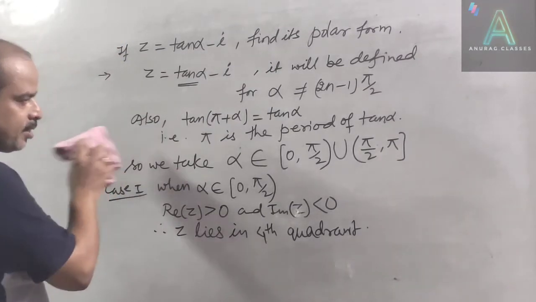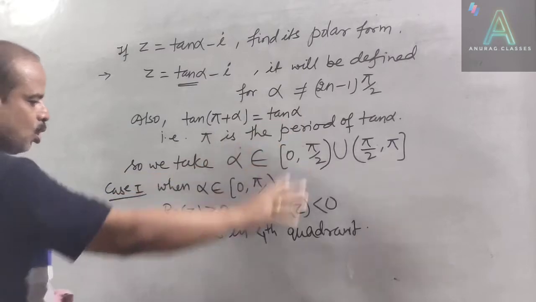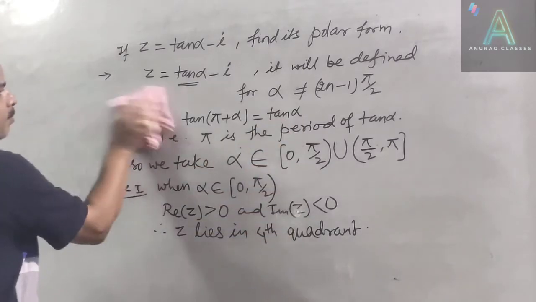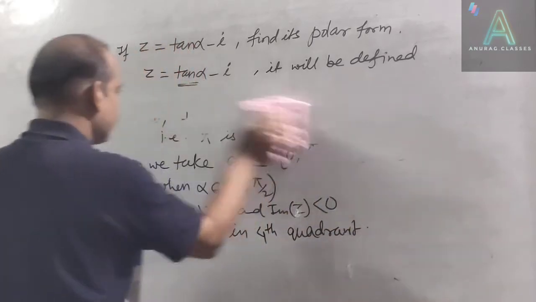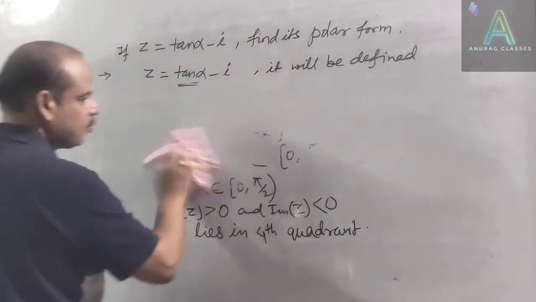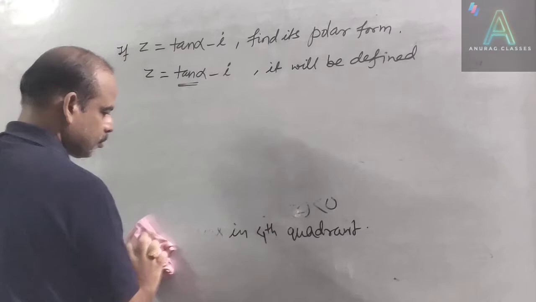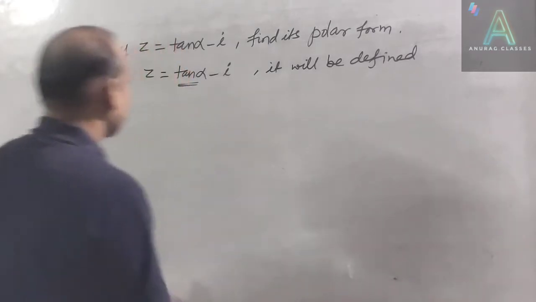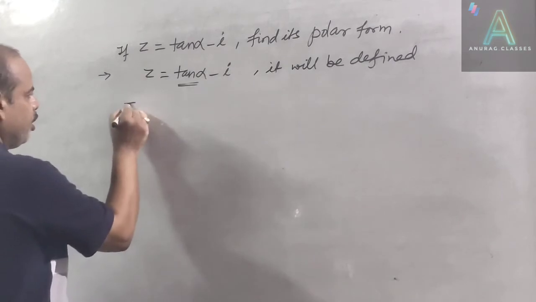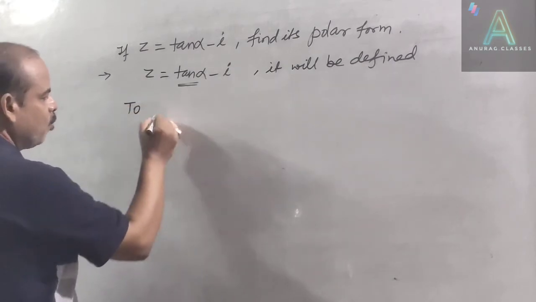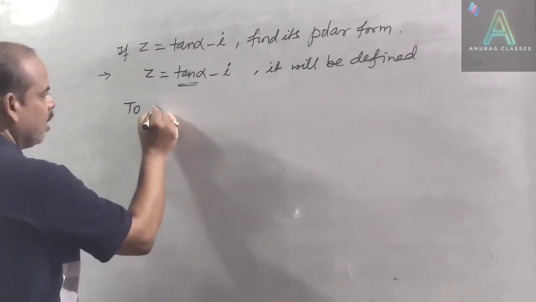So I am going to erase it. I think you have understood all these theories. So to convert into polar form, first of all we have to find the value of r.